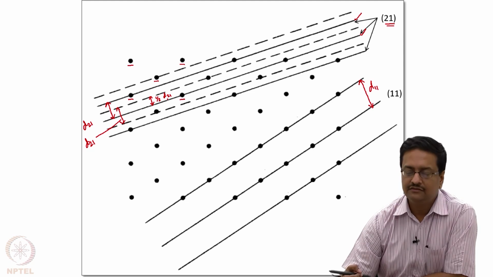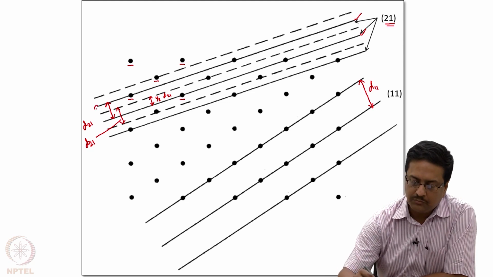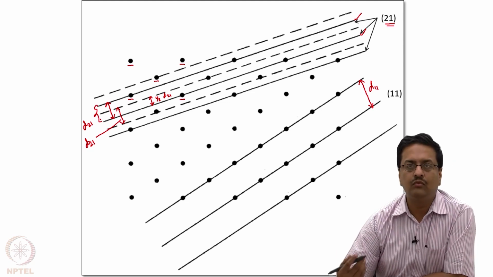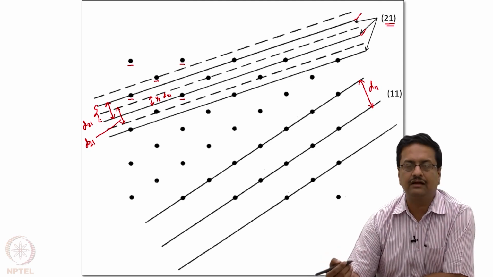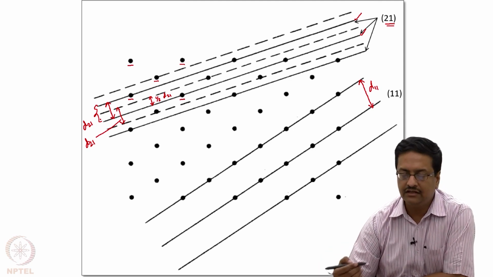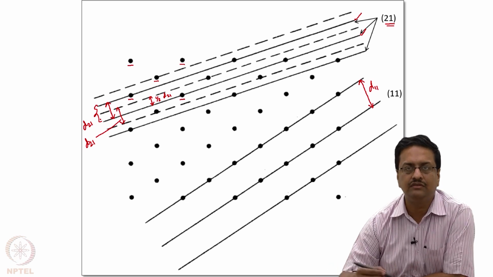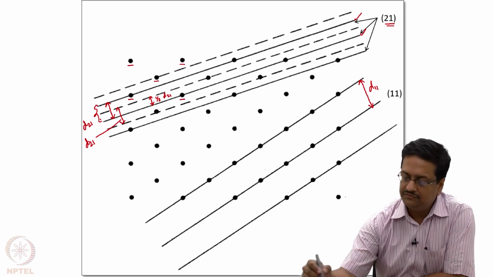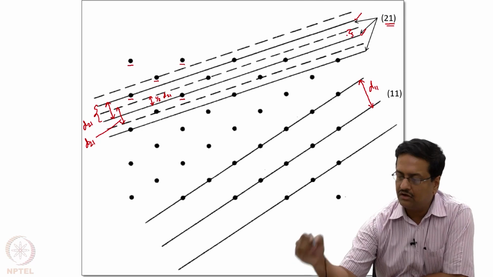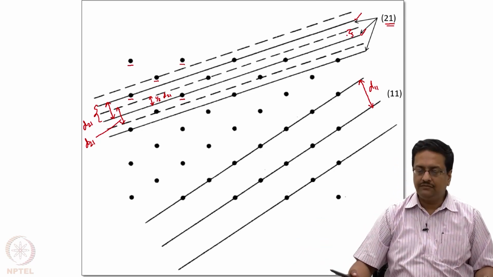What will happen? The planes at a distance d2,1 meet the Bragg condition of integral multiple of wavelength being equal to the path difference, but then obviously this will not meet the diffraction condition.